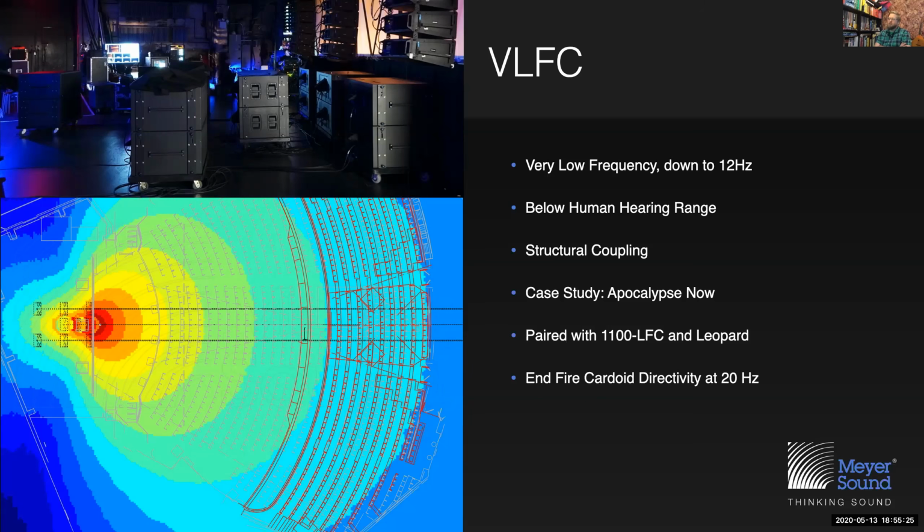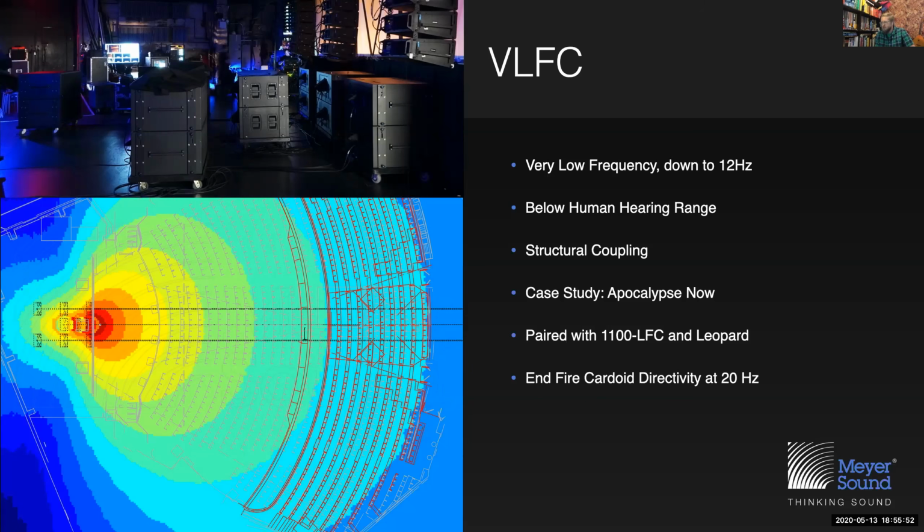So since it's below human hearing, one thing in applications that we found that's pretty important for the success of this specific product is structural coupling. Because once it's out of your hearing range, you're really relying on the feeling of your body movement. And if the ground is moving with that, it's a narrow frequency range compared to a full range PA speaker.